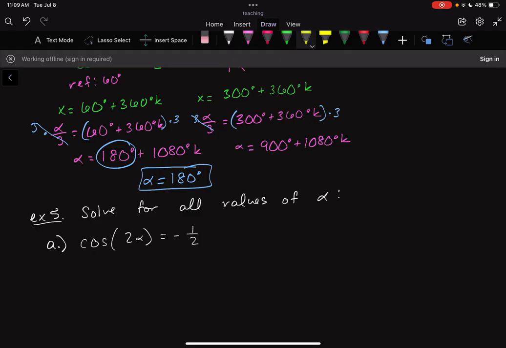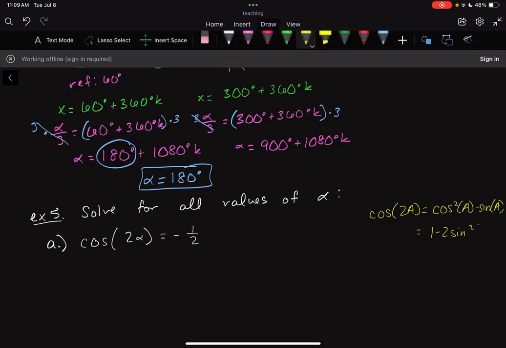These identities are written for you on your identity sheet. Well, they say 2A on them. There's this one, 1 minus 2 sine squared A, and then there's also 2 cosine squared A minus 1.